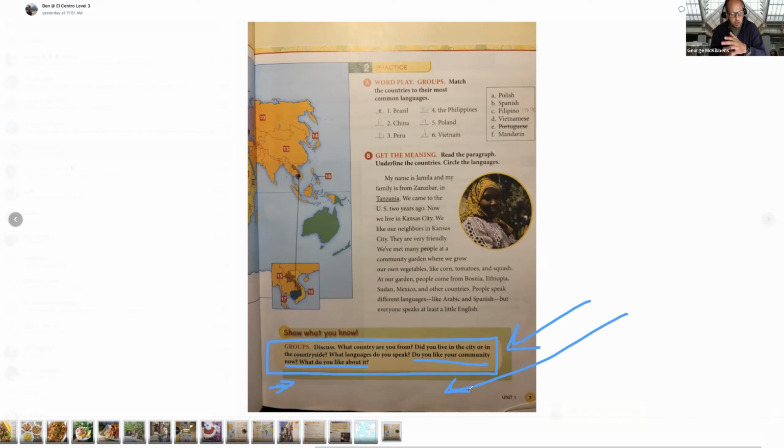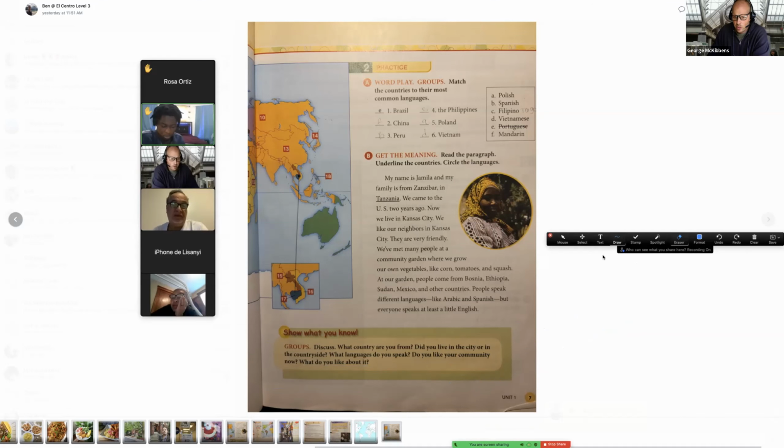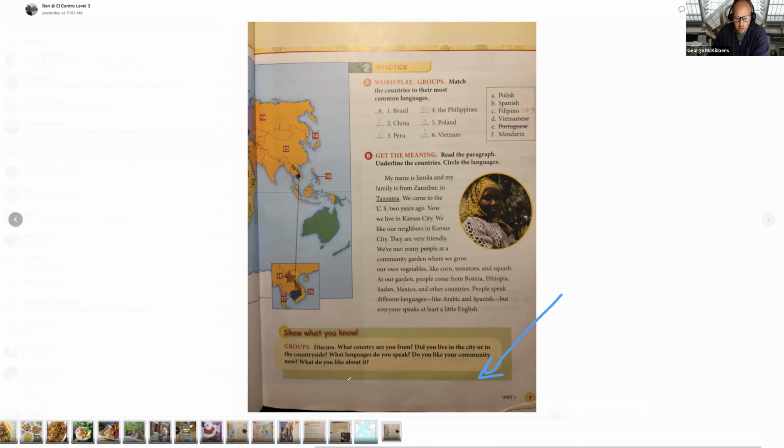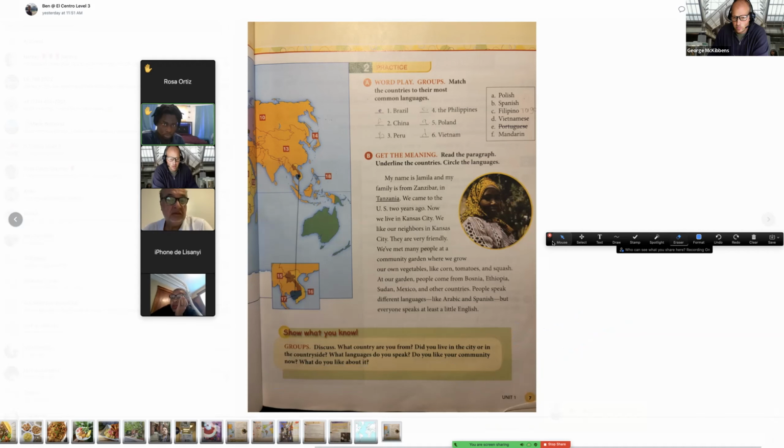I also speak German and Chinese. I like my community now because there is great food down the street from where I live. So try to write some answers in a very short paragraph at the bottom. You can write it right here on the book. And you can help each other in breakout rooms.